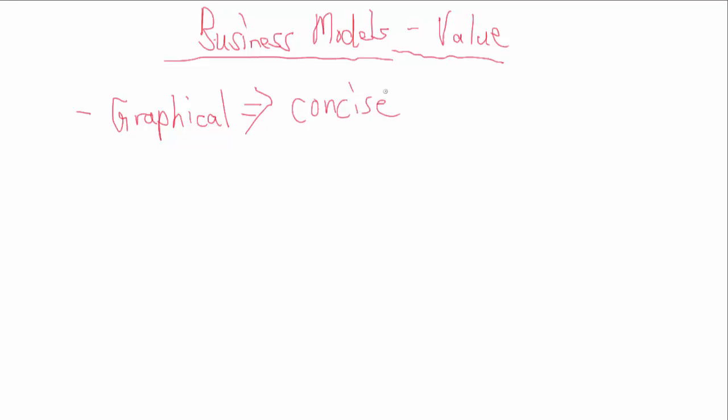The old adage goes, a picture is worth 1,000 words. Well, a graphical view of a business process can present in a concise and clear manner in a sheet of paper what's taking place in the process.